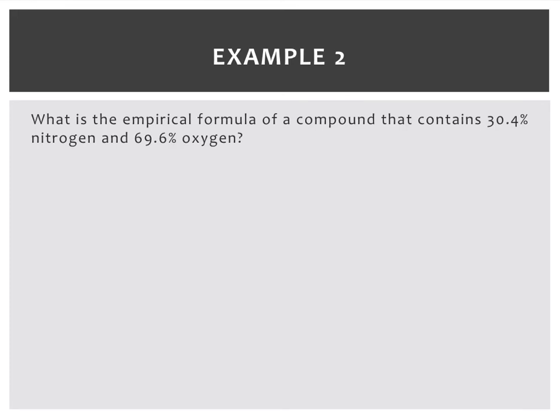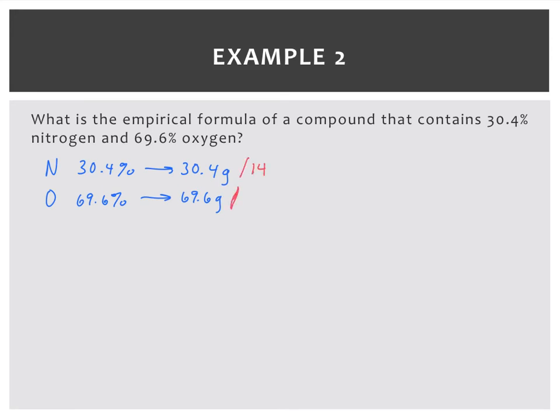Alright, next example. Let's hope this is even easier to deal with. Okay. We have nitrogen and oxygen. 30.4% goes over to 30.4 grams. Here we have 69.6% of oxygen, which goes to 69.6 grams. Alright, next step is divide by their atomic masses.